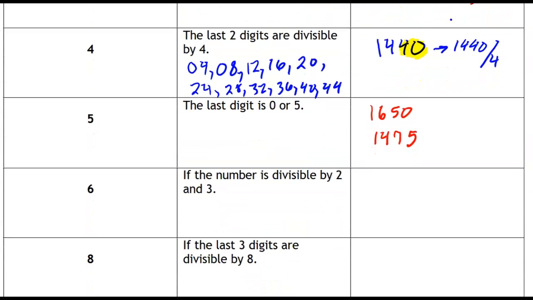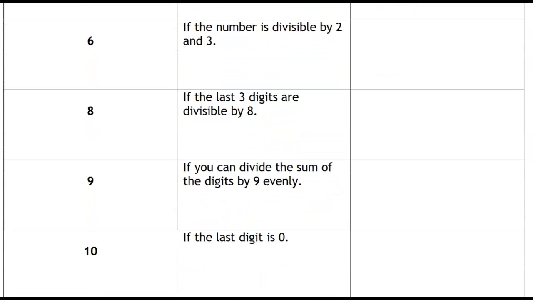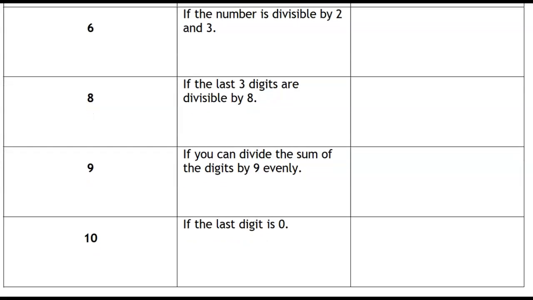So let's scroll this up. Usually 6 I do not worry about. 6 is if it's divisible by 2 and by 3. So since you have to say, hey, 2 and 3, I usually don't worry about this one, because usually you've then already divided it by 2 and by 3.